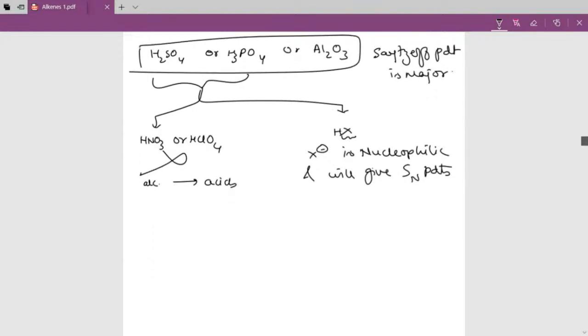Okay. Now, in general E1, I told you that as the stability of the alkene increases, the percentage of elimination, or the ease of elimination, increases. Correct?